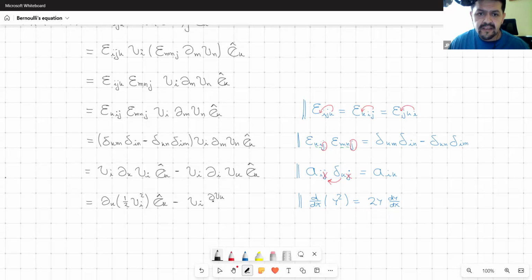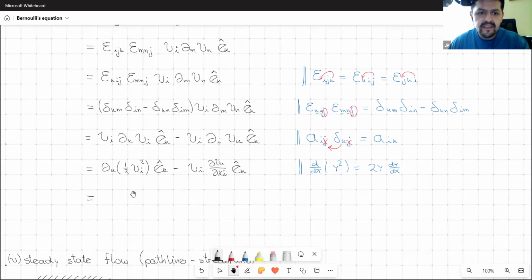So this would be like the partial derivative of bk with respect to xi ek hat. So very quickly, it can be seen that this is basically the gradient of 1/2 of bi bi, which can be seen as the norm of vector b squared, minus, and this term here can be recovered as the gradient of the velocity times the velocity.